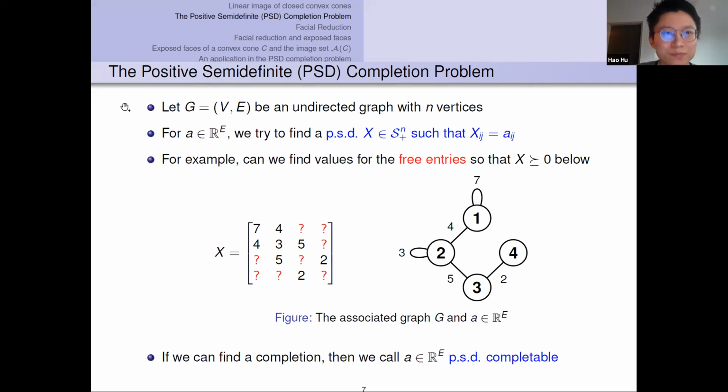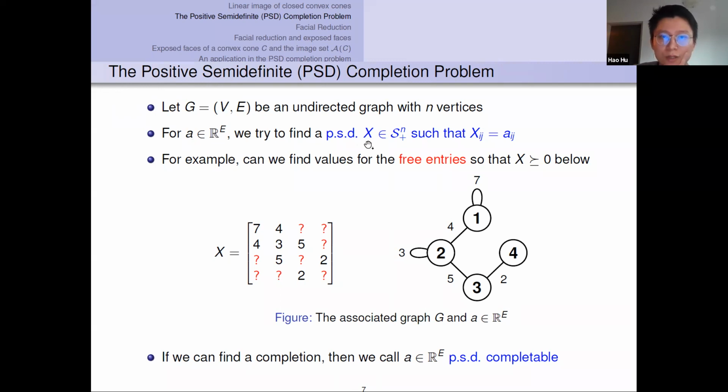So in the PSD completion problem, we are given an undirected graph G with n vertices. Additionally, we have a column vector A whose length is the number of edges in the graph G.